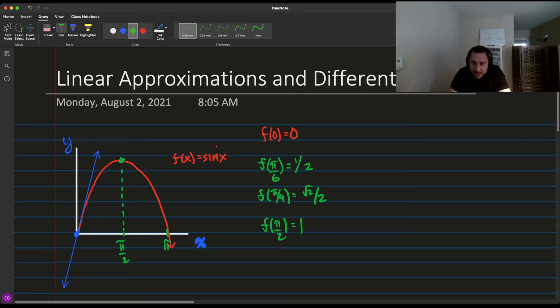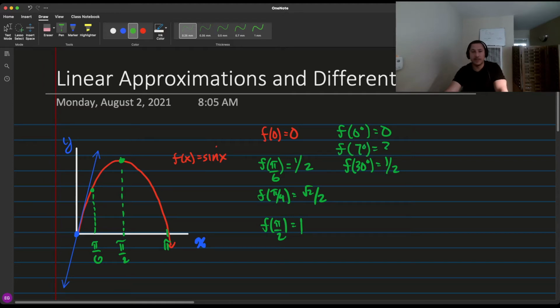So let's just draw a little thing. Here's pi over 6. Okay, so in other words, you know what the sine of 30 degrees is. It's 1/2. You know what the sine of 0 degrees is. It's 0. What if I asked you for the sine of 7 degrees?